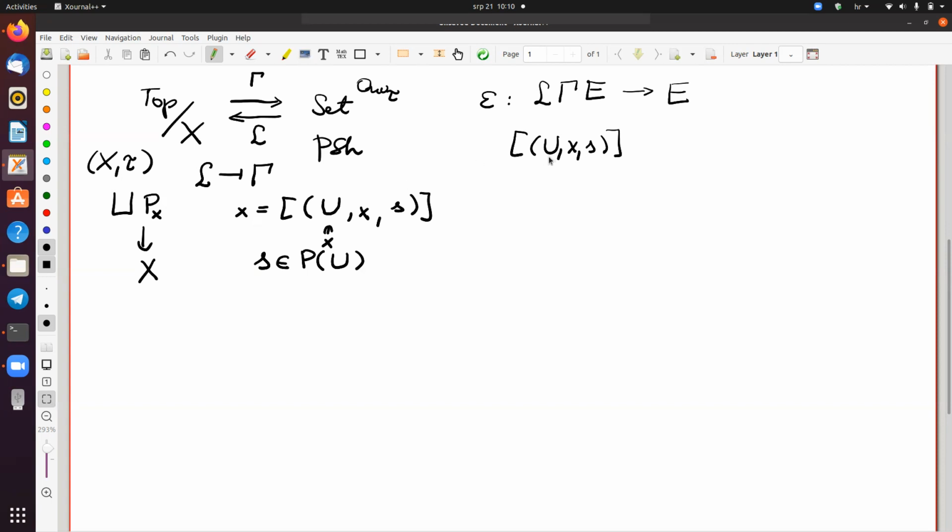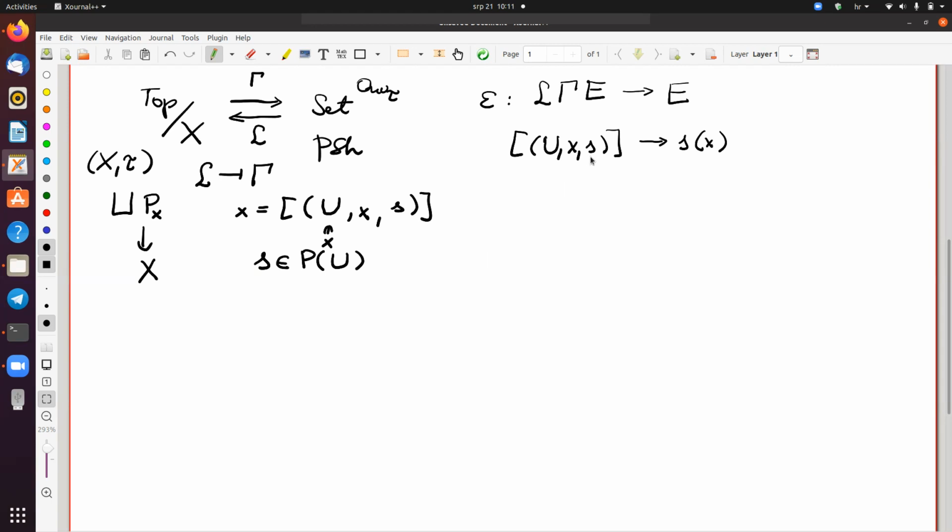And so this U, X, s is a representative of a point there, and then I want to send it to, well, you can send it to s of X.